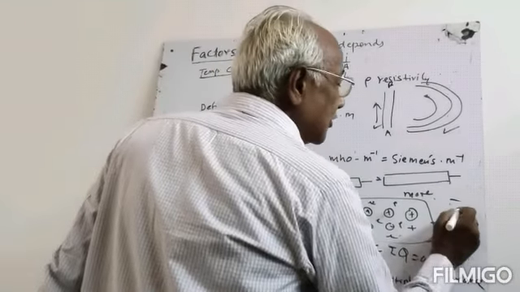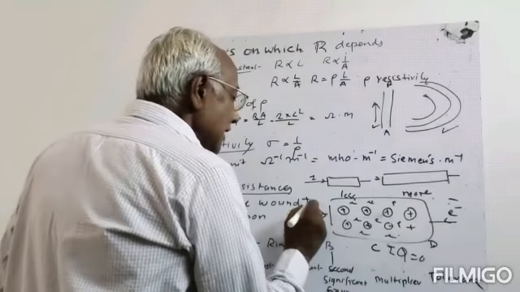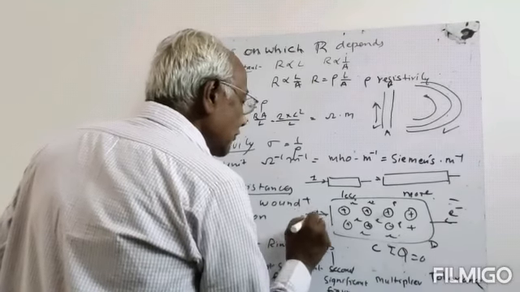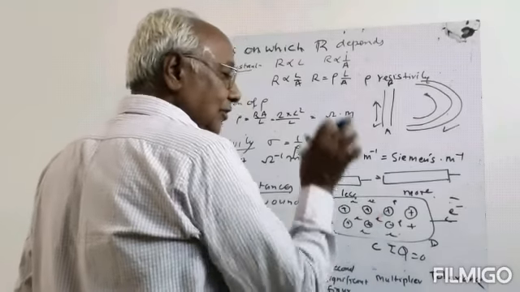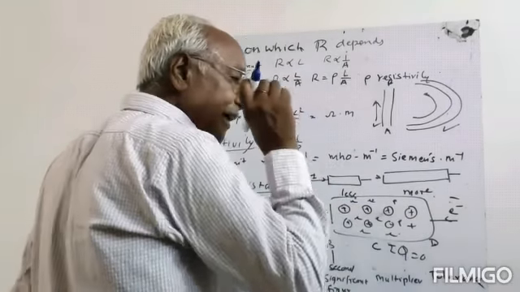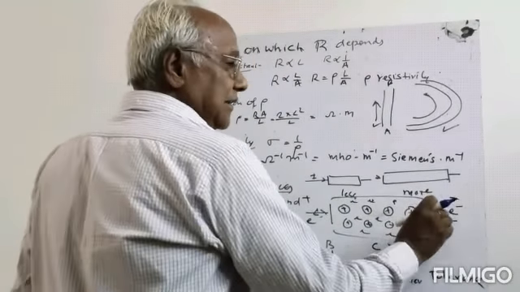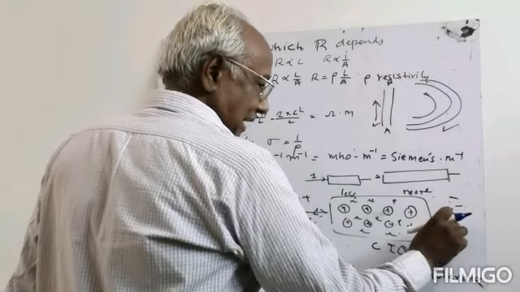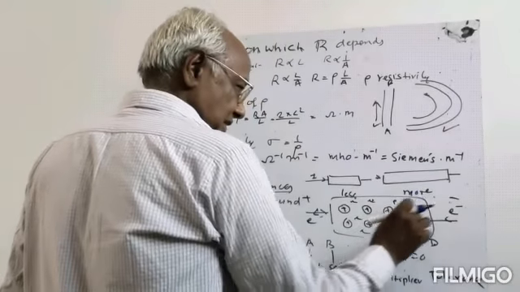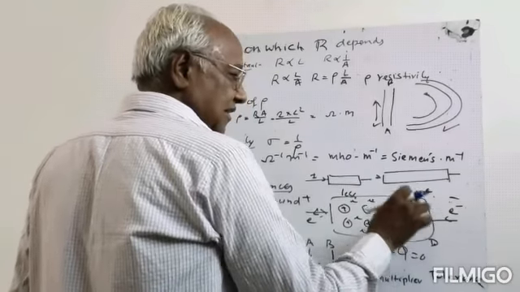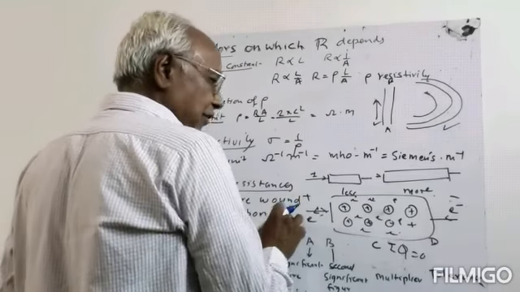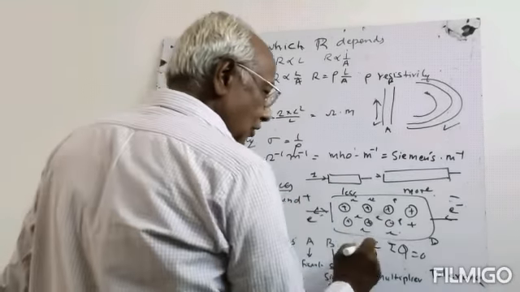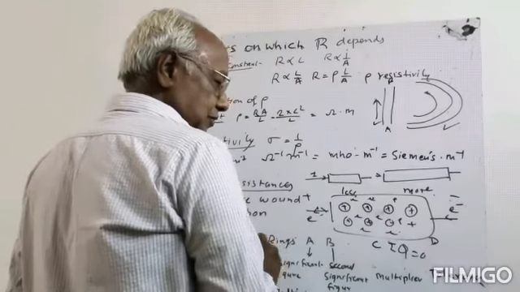If one electron enters here, then one electron will leave from it. So when any electron enters, the number of electrons going outward will be the same. So the charge of the conductor will be equal to 0.